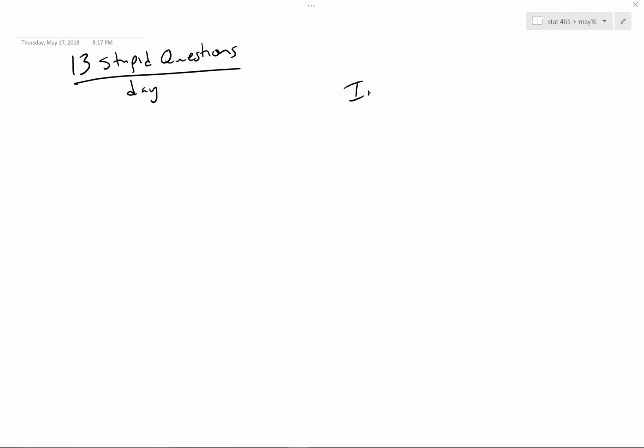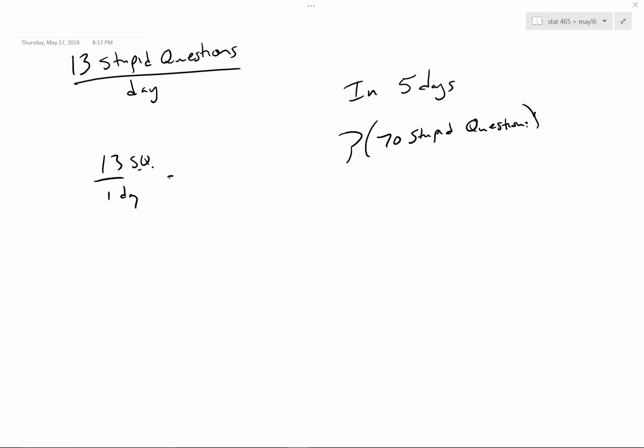So in 5 days, what's the probability that he will get 70 stupid questions? Okay, let's find out. So 13 in one day, SQs in one day is equal to x over 5. Looks like I would have expected 65 stupid questions.